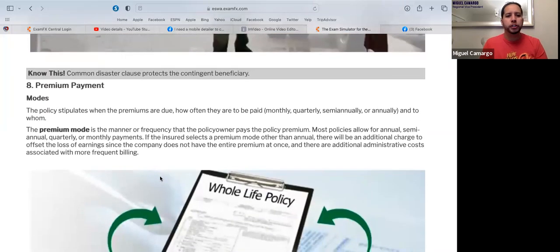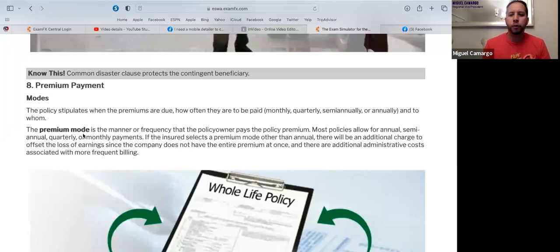Now let's go to what is called frequency. I want you to write the word frequency on your exam or on your paper. This is going to be how you pay your premium. How do you pay your premiums for a policy? Frequency is going to determine what is called the premium mode. Next to frequency, write premium mode.